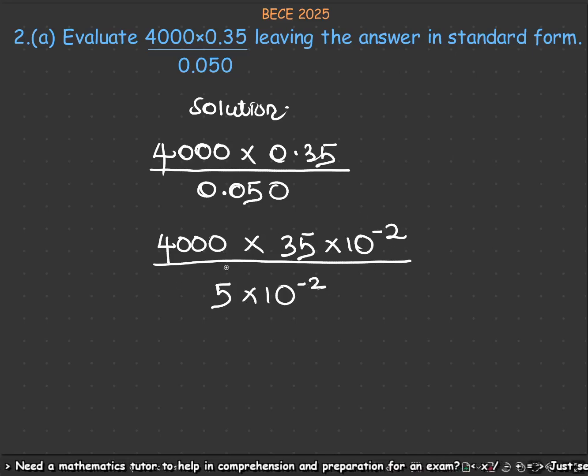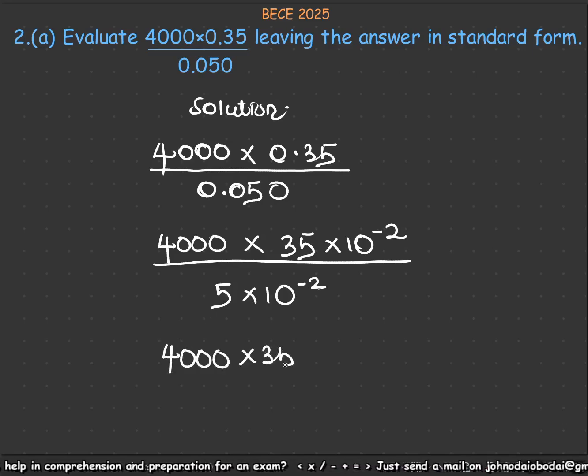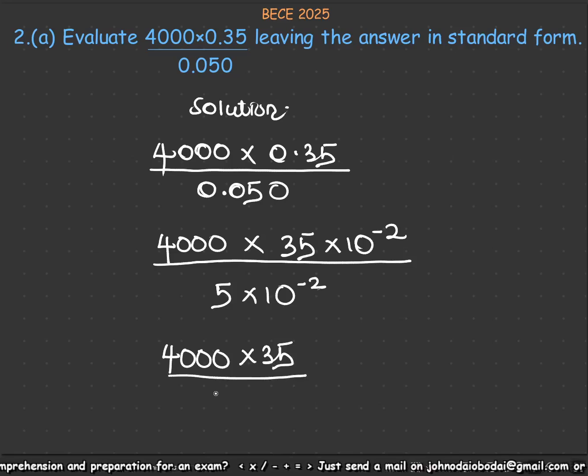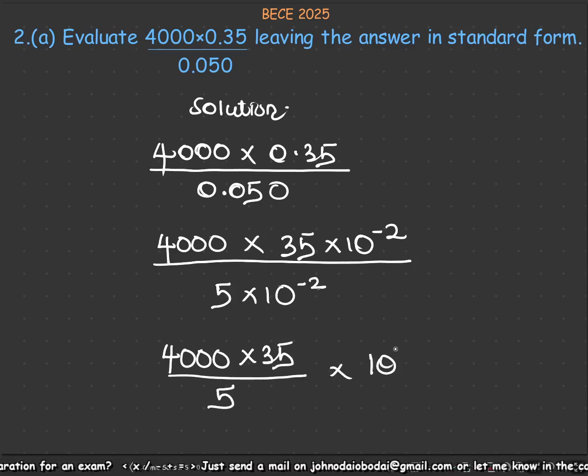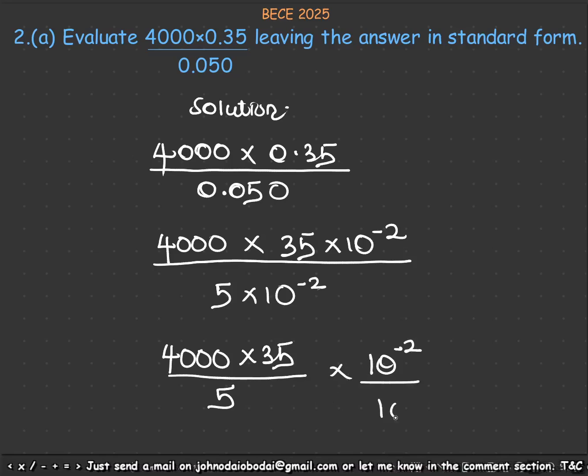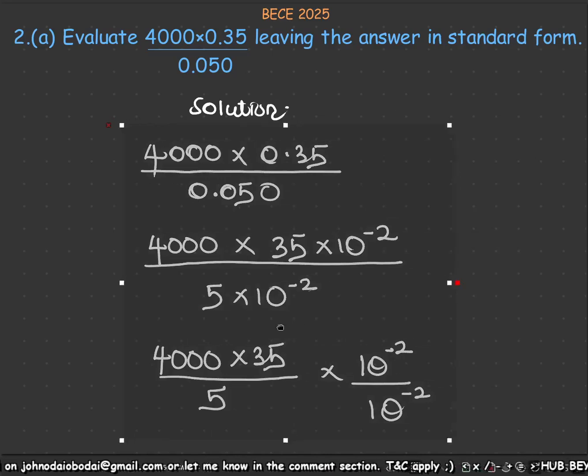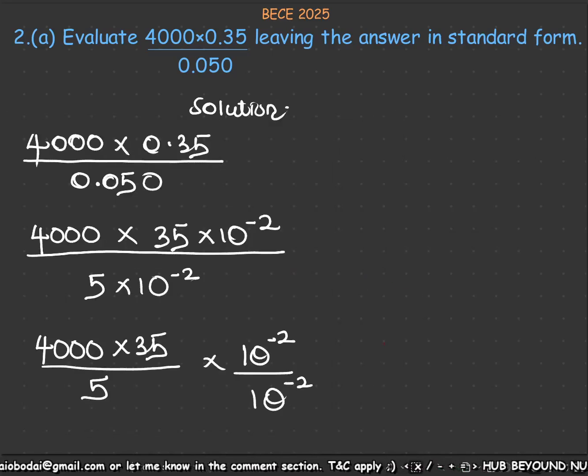Now with this, we can rewrite our question as 4,000 times 35 all over 5, and then times 10 to the power negative 2 over 10 to the power negative 2. At this stage, you can work this as your normal fraction.